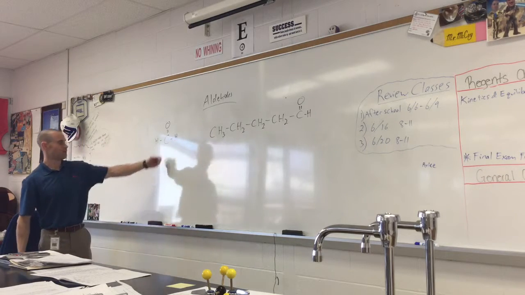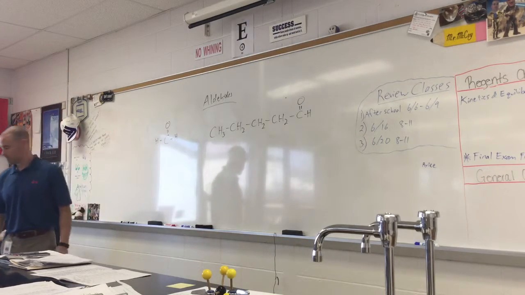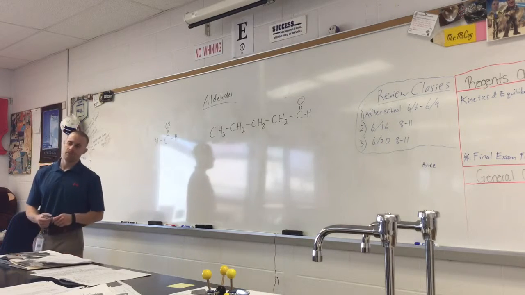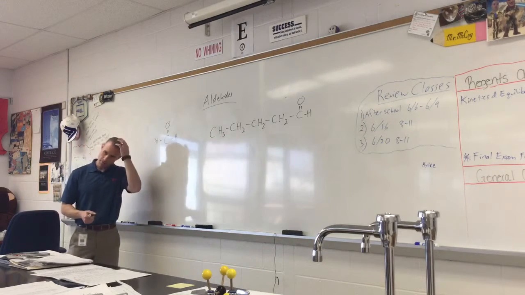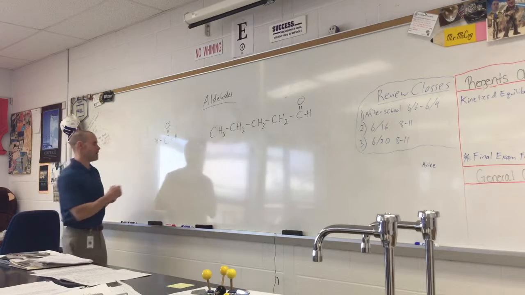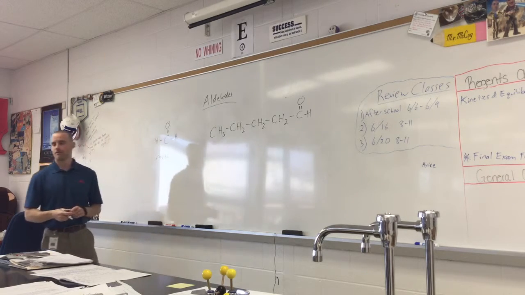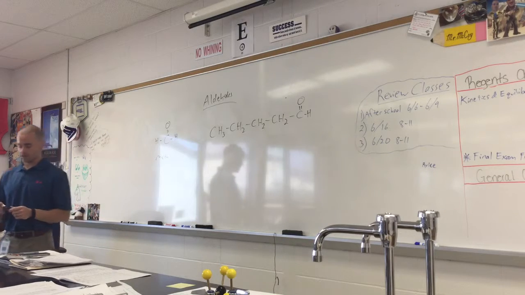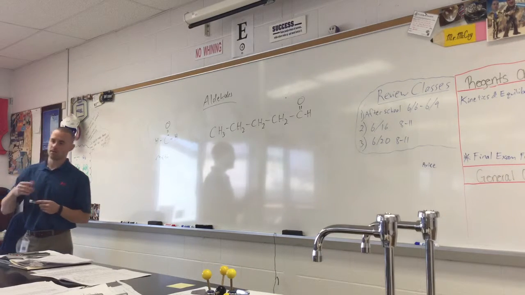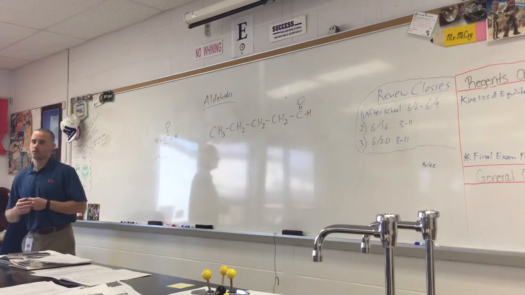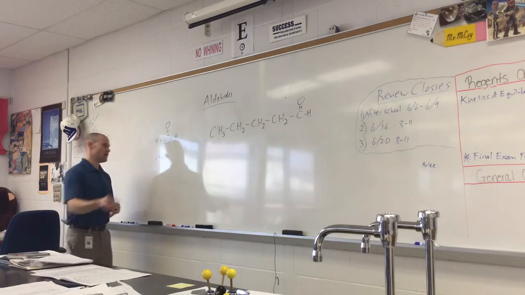Jake, what do you think of the first one? What's the prefix for 1 carbon? Meth. Good. So it's meth. And then if you look at the example on table R, see what comes after pro. Then just put that here.